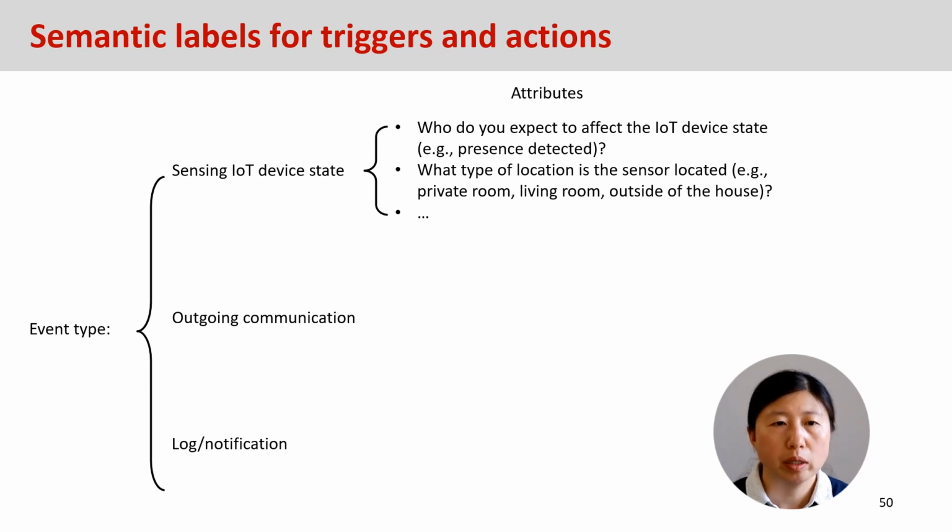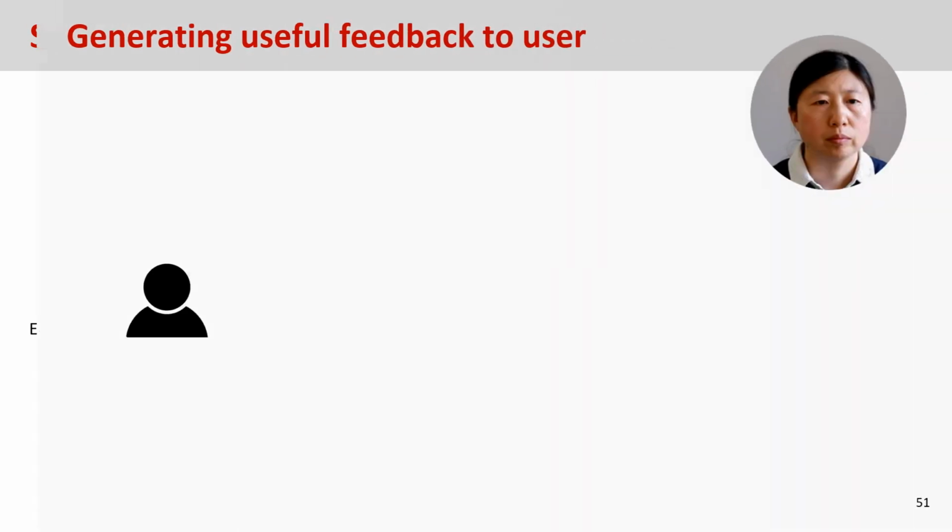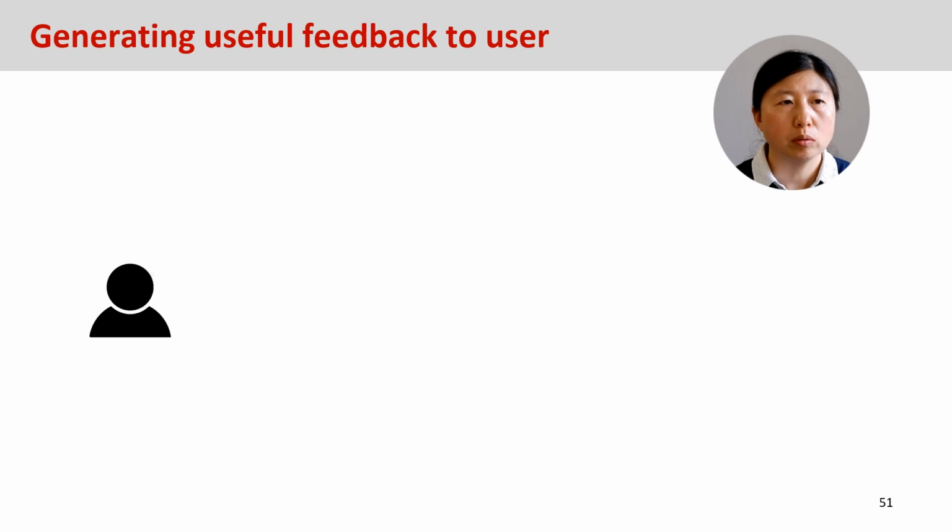For outgoing communications, we can ask questions like, who will see this outgoing communication? Does the message include any type of private information? Can, or how likely can, the recipient of the communication infer the triggering events? In addition to input, we also have to improve our output so that our tool can generate useful feedback to users.